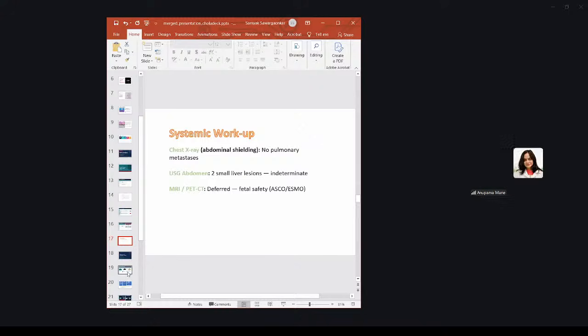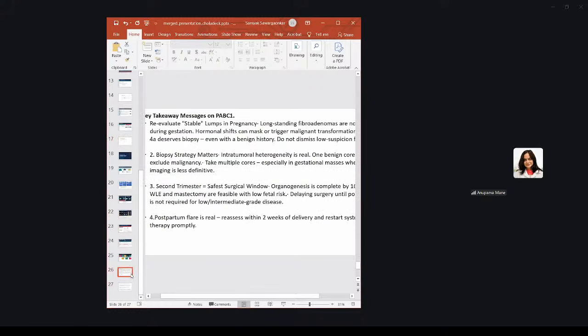Yeah, so basically the same thing, only the diagnostic difficulty is a lot more in pregnancy associated breast cancers. In the first case, the take home message is that even if there are multiple bilateral fibroadenomas, be very, very careful, especially during pregnancy. And in the second case, even such a large lump many a times gets missed or misdiagnosed because it is not suspected.